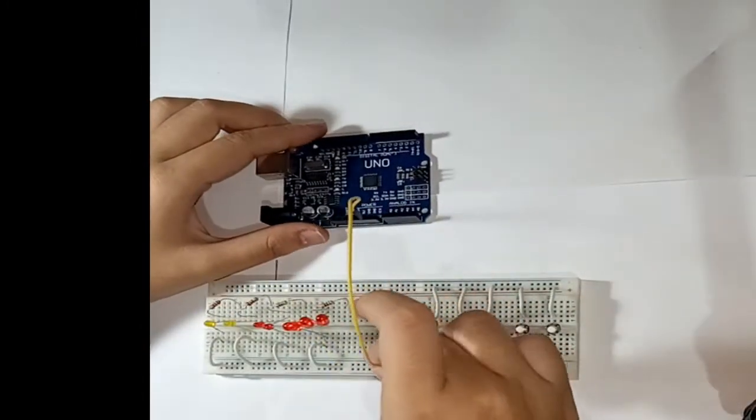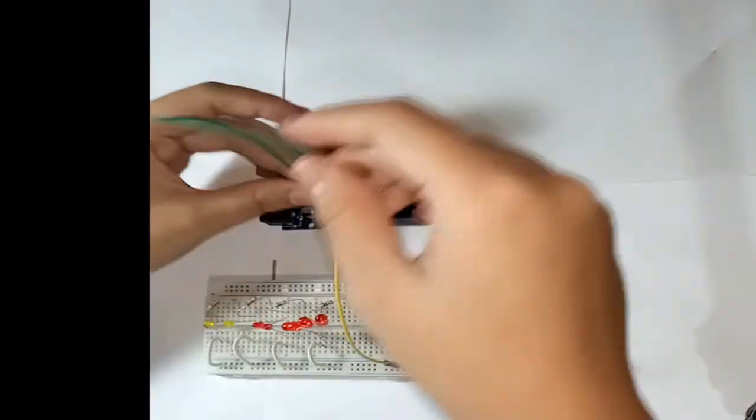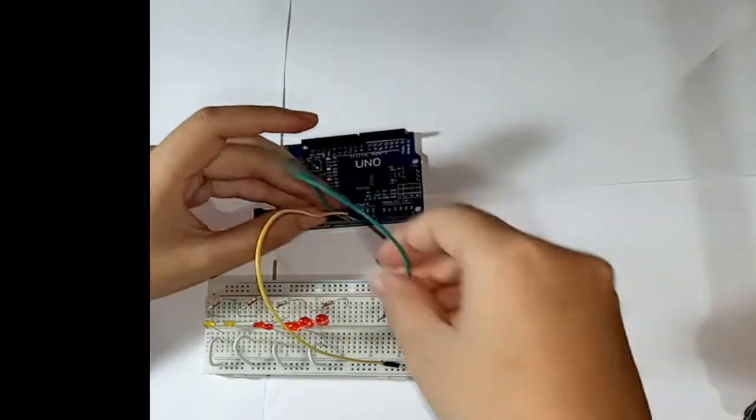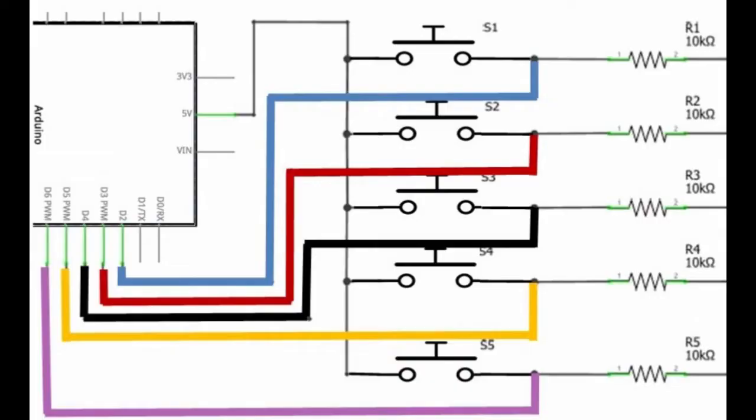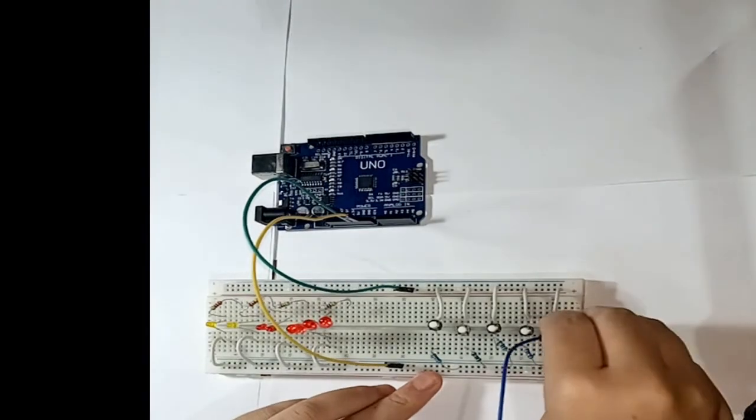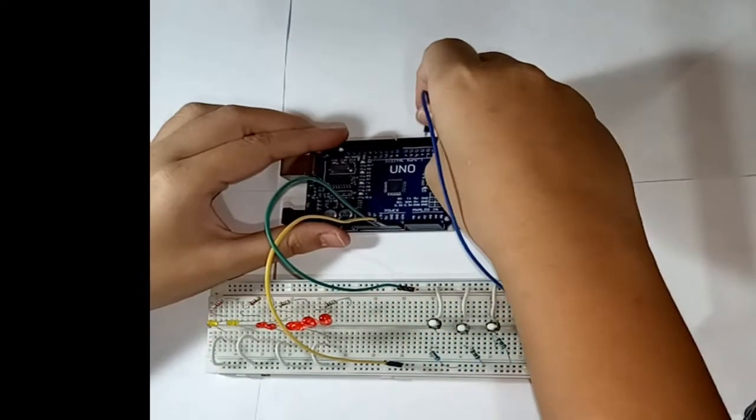Using an Arduino, I connect the negative power rail to ground and the positive power rail to 5 volts. This is the connection of my switch pins to my Arduino board. My switch pin 1 is connected to the digital input pin 2.